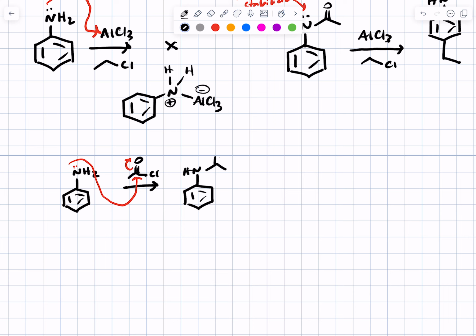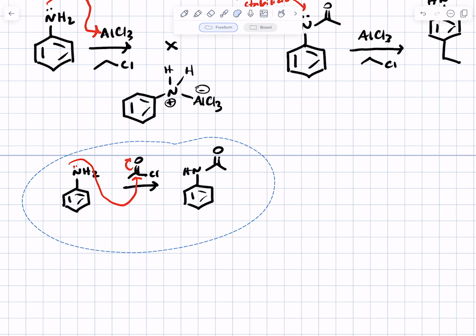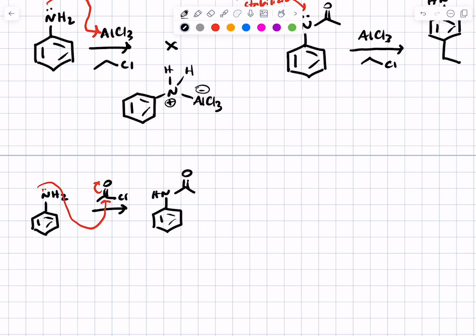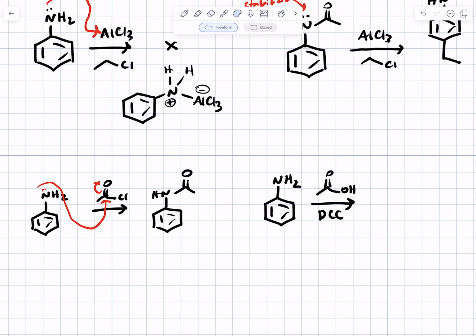That's nucleophilic acyl substitution. Another related reaction is the coupling of an amine and a carboxylic acid using the coupling reagent DCC, which we learned about in chapter 16, and that would give you the same amide product. So you've got a couple of options to make the amide, both of which work.